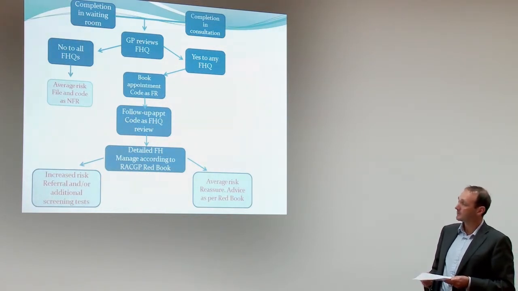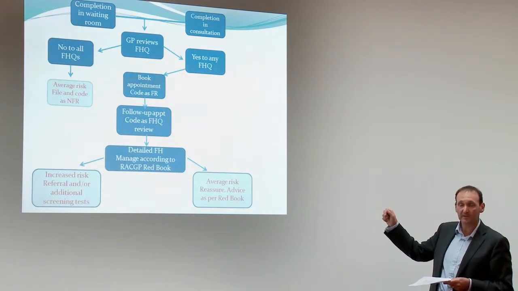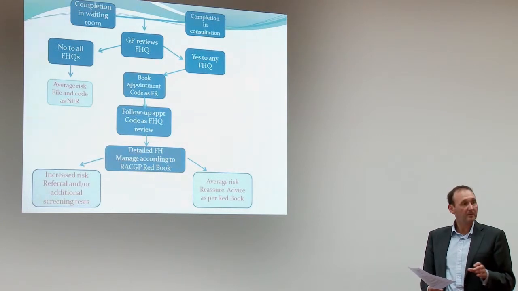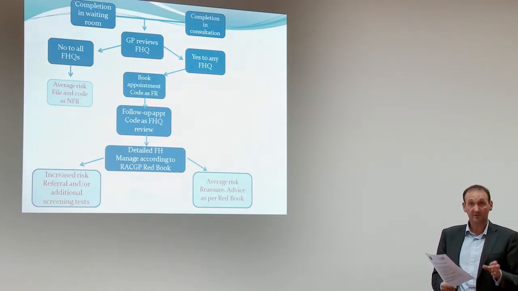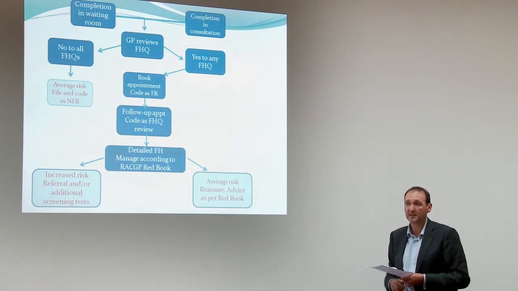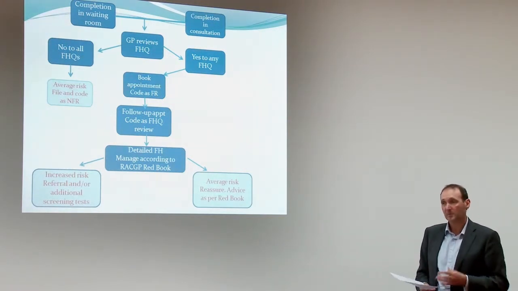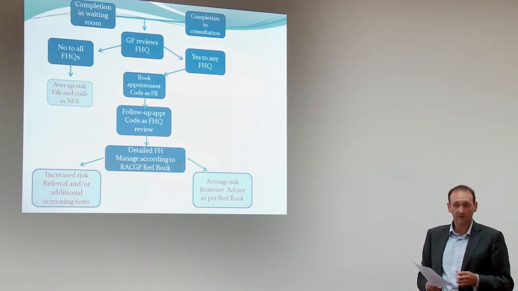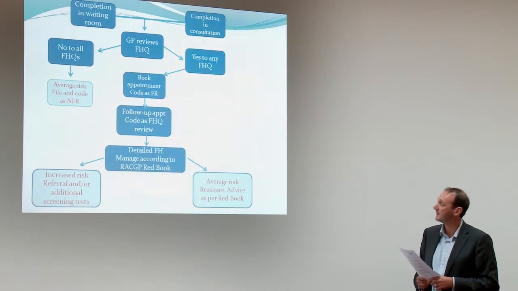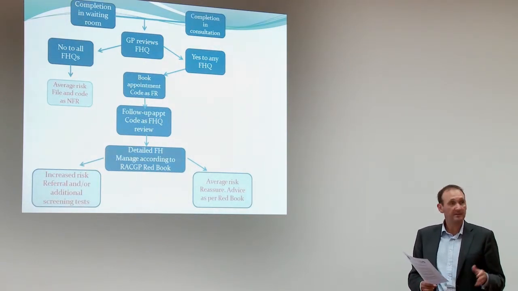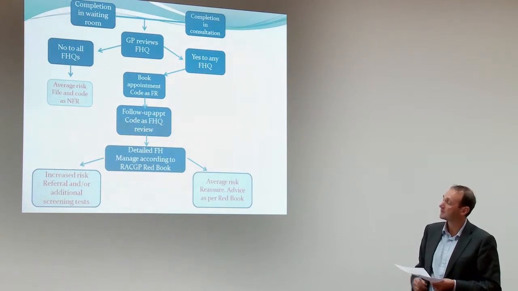There will be a small number of false positives, but we have designed the questionnaire to keep those false positives quite low. So there will be a small number who, when you take their family history in more detail, will be deemed at average risk according to the RACGP criteria, and you can reassure them and advise them on the preventive strategies consistent with that level of risk.